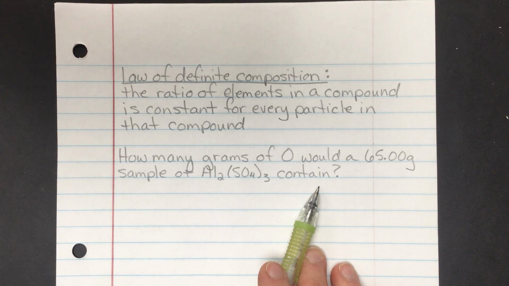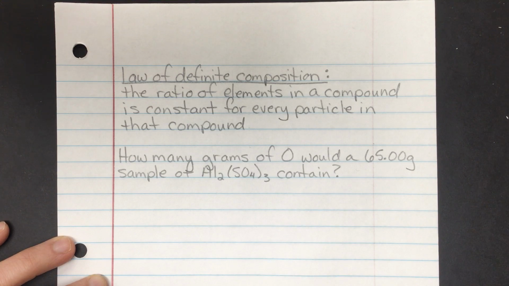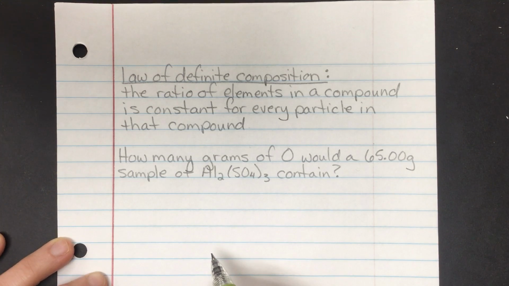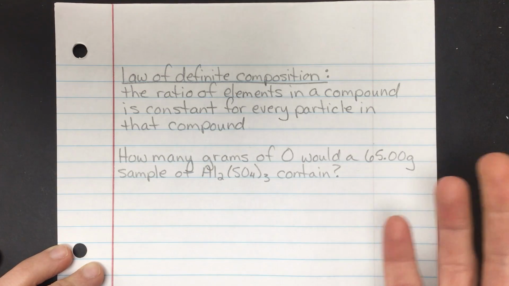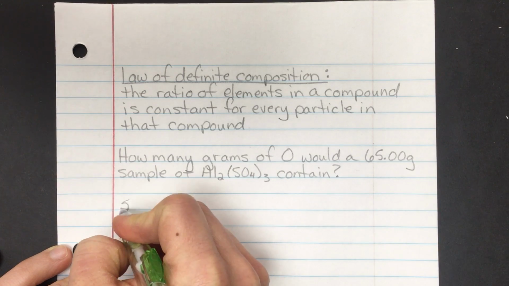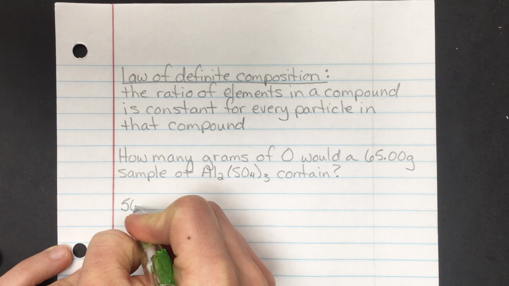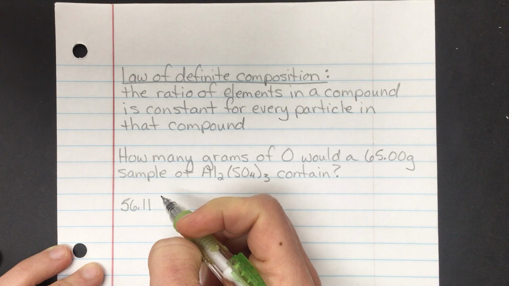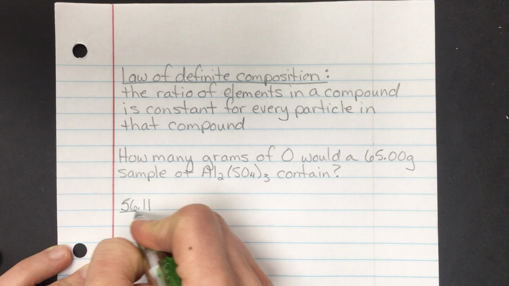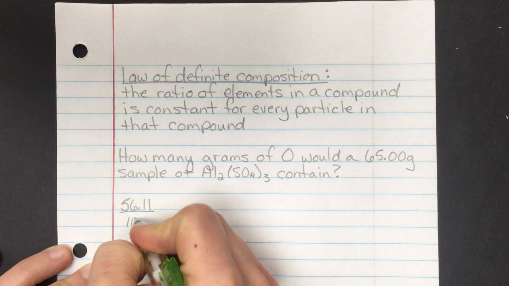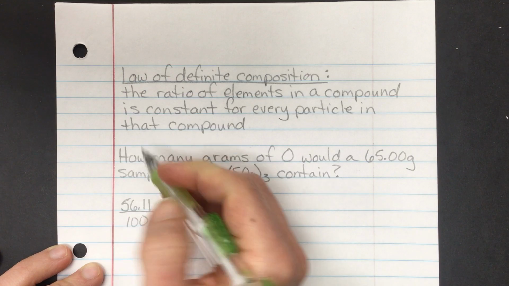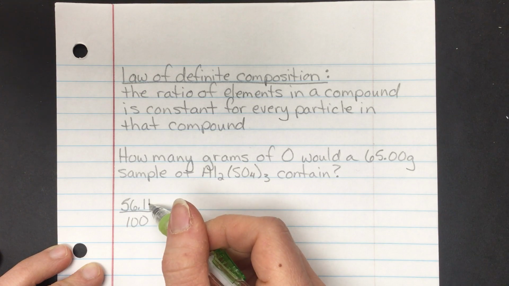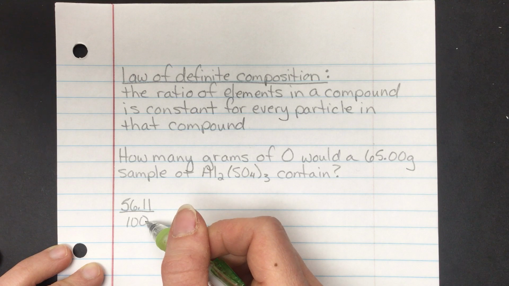So to do this problem, we set up a simple proportion. And we know previously that we can use the previous data. If we have 56.11 over 100. This comes from my previous problem where I found that the percent composition was 56.11% out of 100.